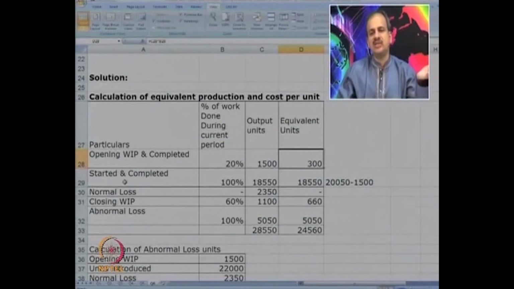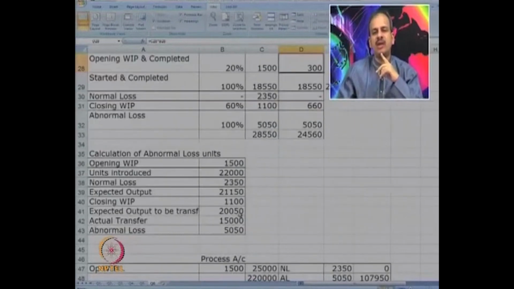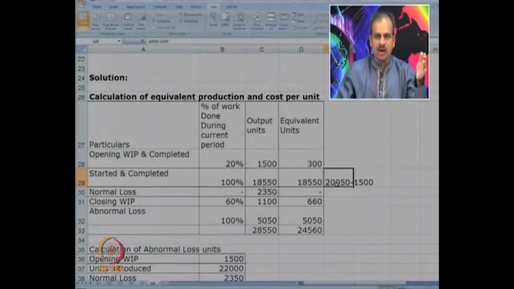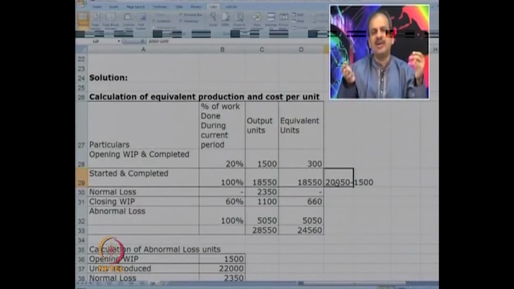Then there are units which are newly started and completed. We know that the total output expected was 20,050. So of 20,050, 1500 are the units which are in the nature of opening stock being completed and transferred.